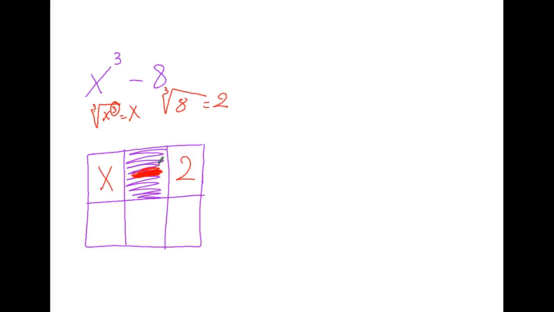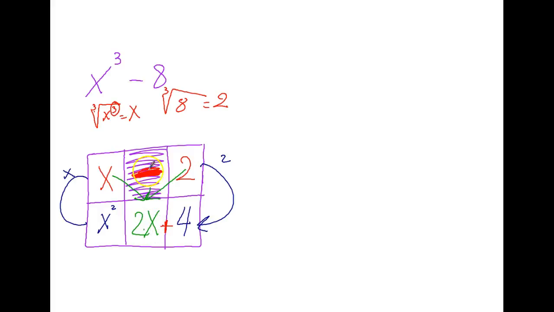Now, times this guy by itself. x times x, x squared. Times this guy by itself. 2 times 2 is equal to 4. Always, always put the plus. Then in the middle, you multiply this guy times that guy, which is 2x.